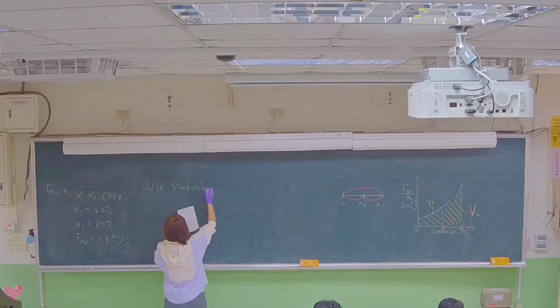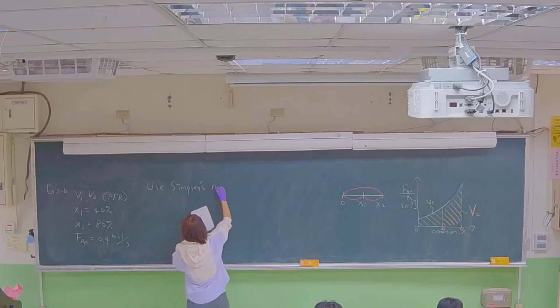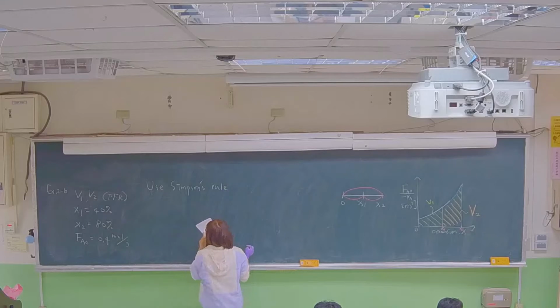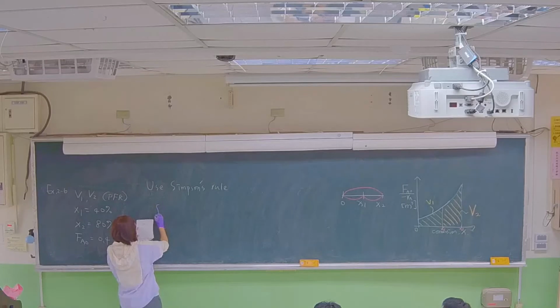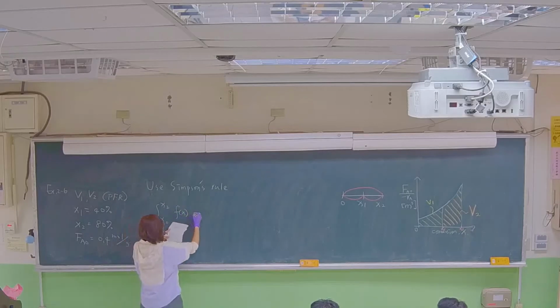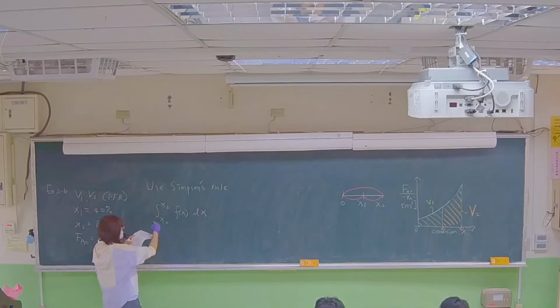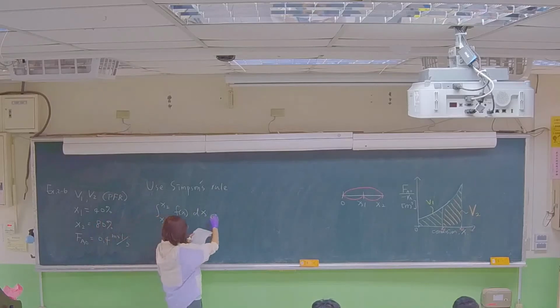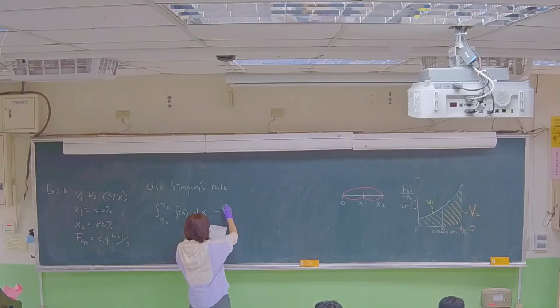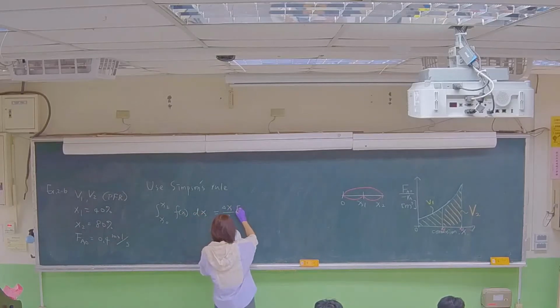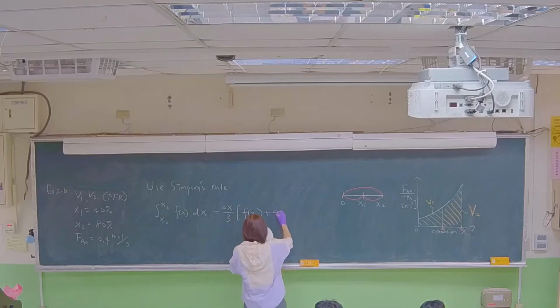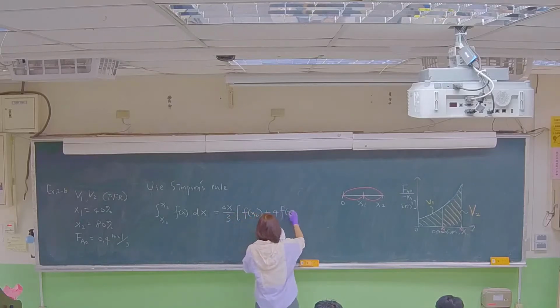I don't remember if I told you this one or not. Simpson's rule is the 3-point formula from x0 to x2, integral of f of x. Okay, so this one you can use with only 3 points. The coefficients are 1, 4, 1.